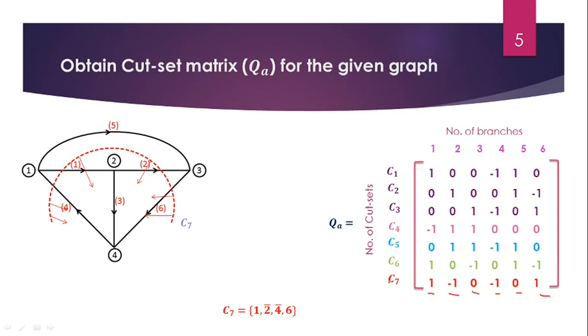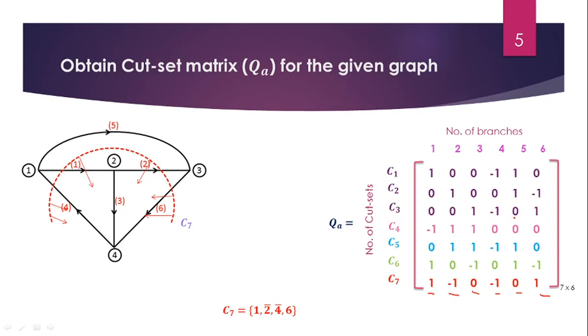So we are having these 7 cuts and number of branches are 6, so size of this matrix is 7 by 6. Now when we say that size is 7 by 6, it is difficult to handle for your calculation whenever we are going to find branch voltage and branch current. As well as we can also say that the incidence matrix having the size is 4 by 6, number of nodes by number of branches.